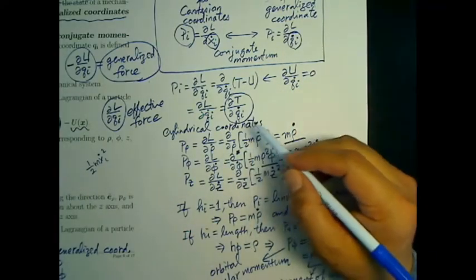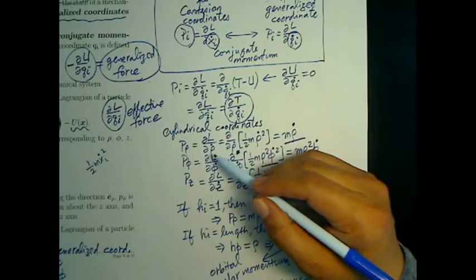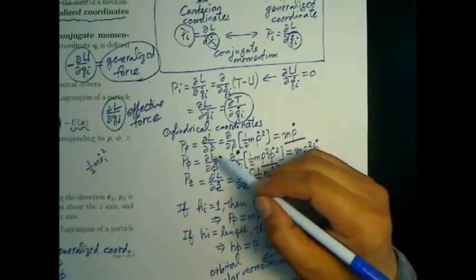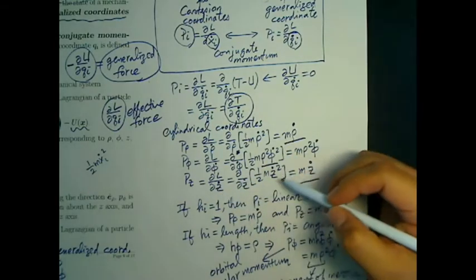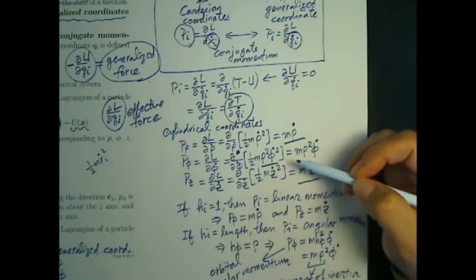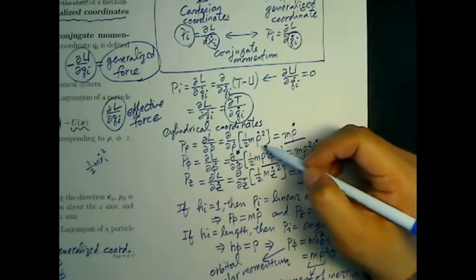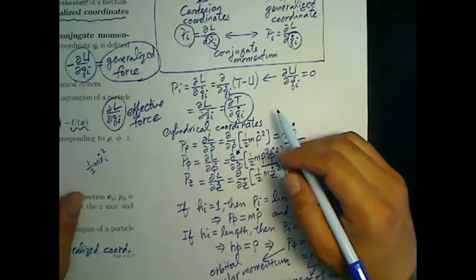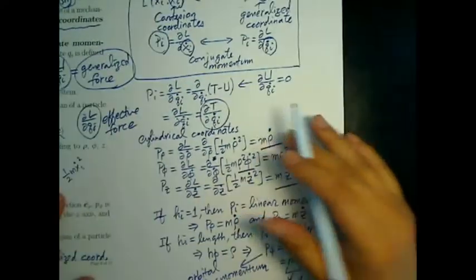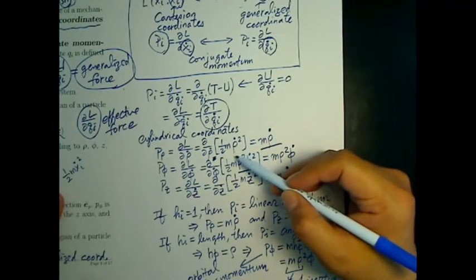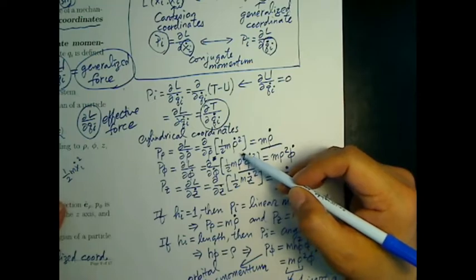So we just collect the rho dot dependent kinetic energy, phi dot dependent kinetic energy, and z dot dependent kinetic energy. The rho dot dependent kinetic energy is 1/2 m rho dot squared.